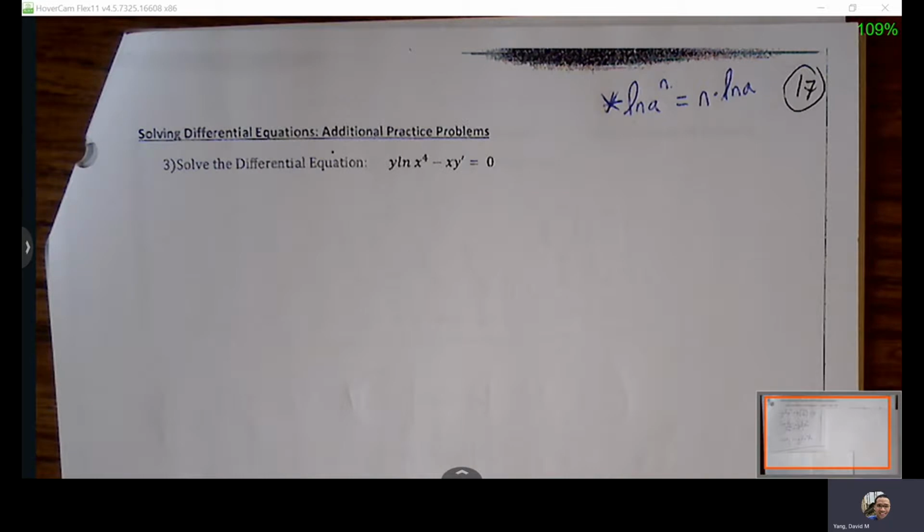All the fractions away. So this, we have to do substitution.